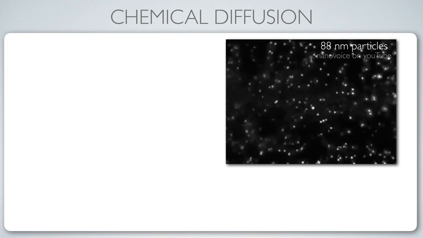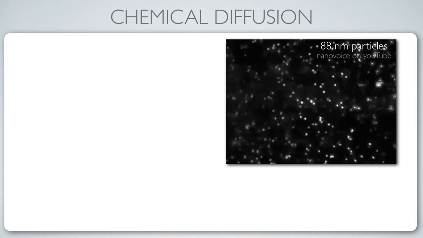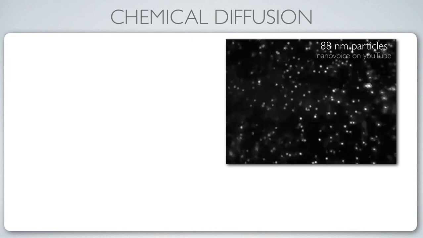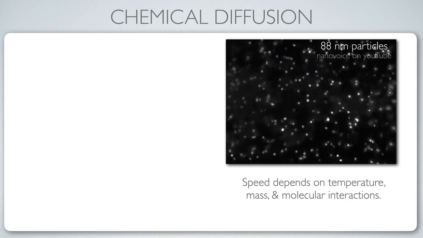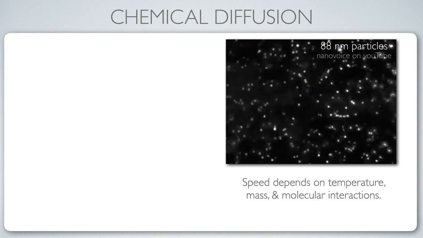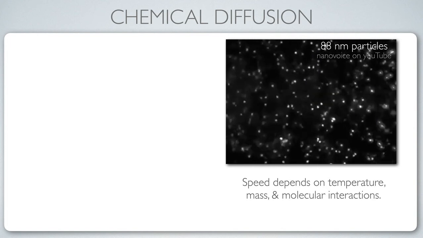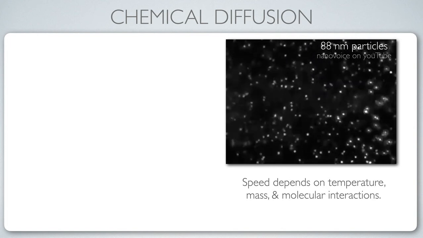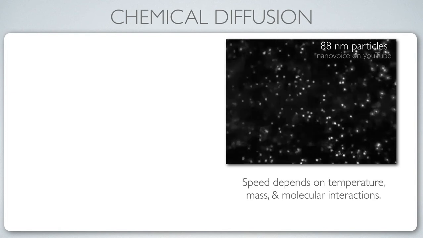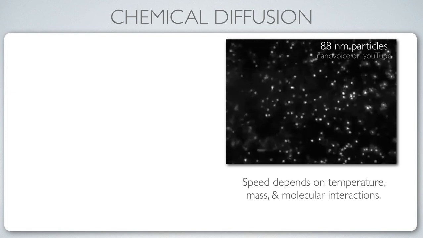Now, the speed of the motion of these particles depends on a variety of factors. They depend on the temperature, the mass of the particle, and whether or not they have any molecular interactions with the solution, the water that they are dissolved in, or other neighboring particles.